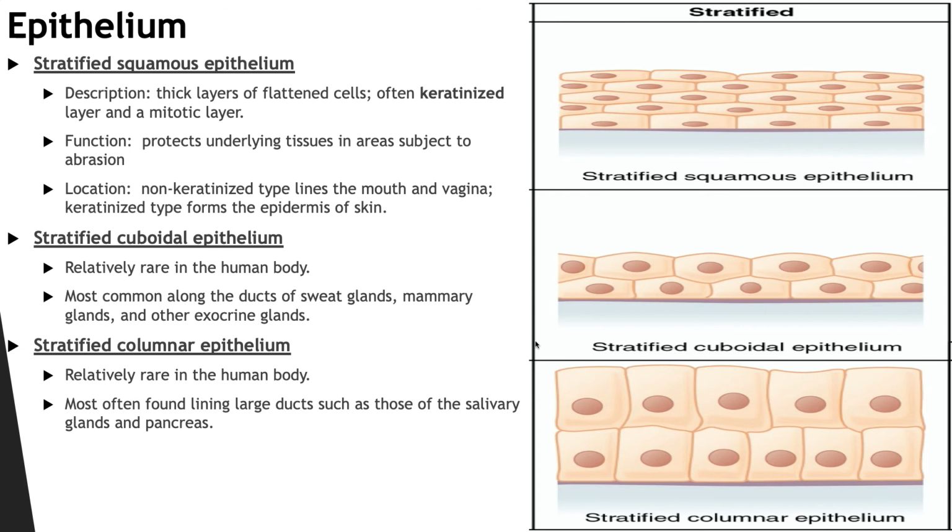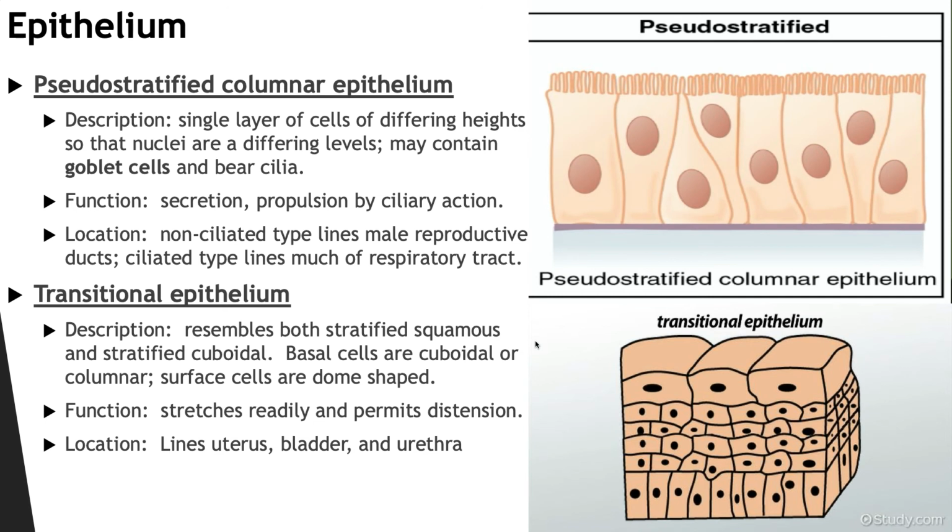So you can have stratified keratinized squamous epithelium and stratified non-keratinized epithelium. And that essentially means whether or not these produce the protein keratin. You also have stratified cuboidal epithelium and stratified columnar epithelium. Both of these are very rare in the human body.